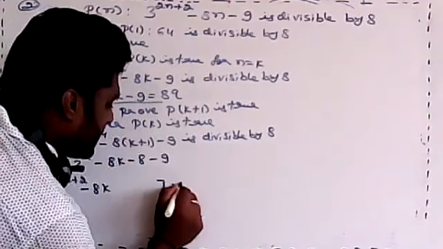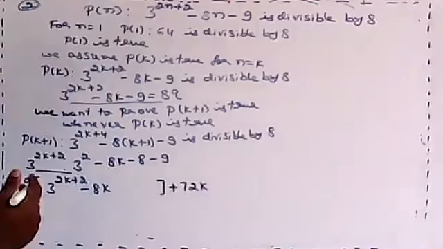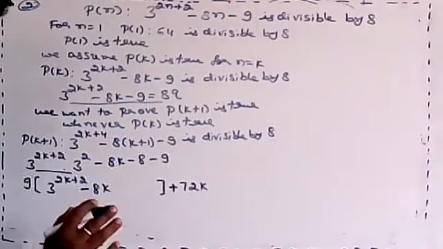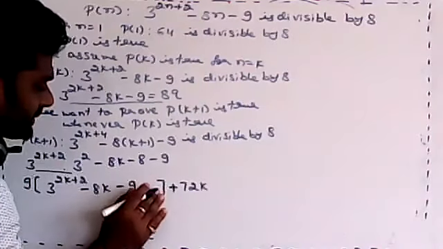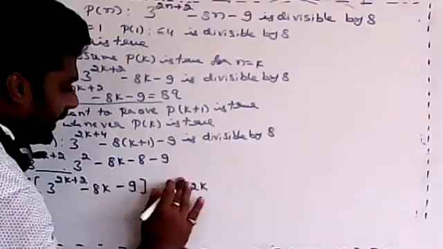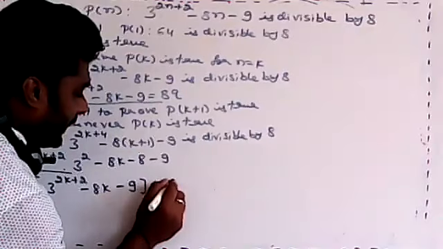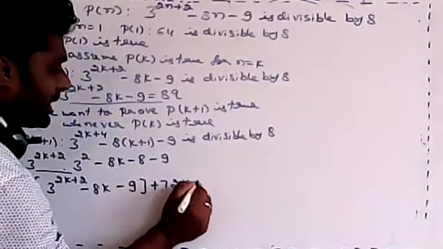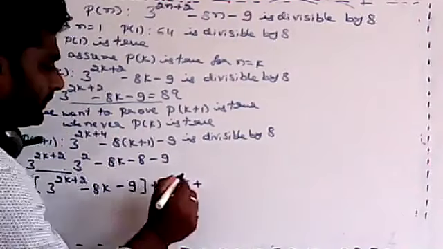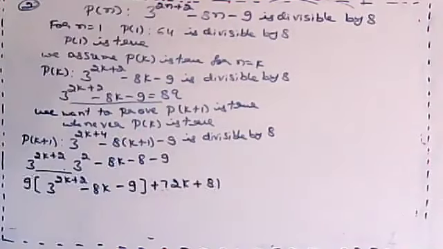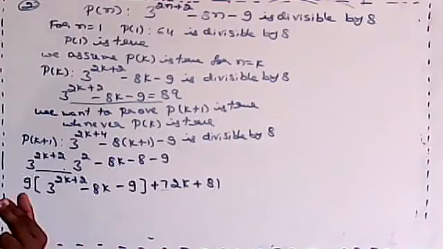Plus 72k. I'm just balancing the equation. Clear or not? Next, one more minus 9 I want. So I'm writing minus 9, and I have to write plus 9 into 9, 81. Clear or not, the concept? We are just balancing that one.